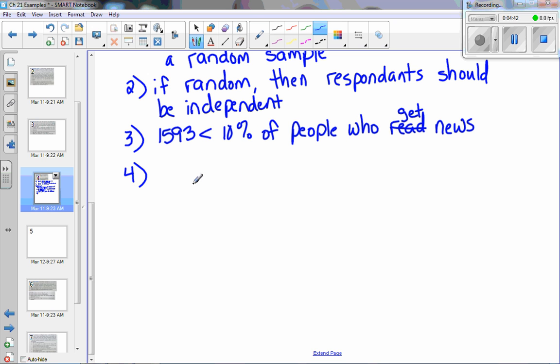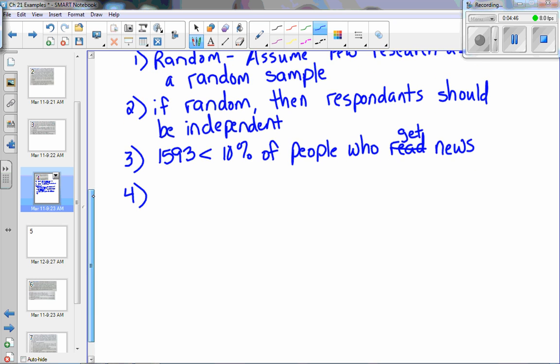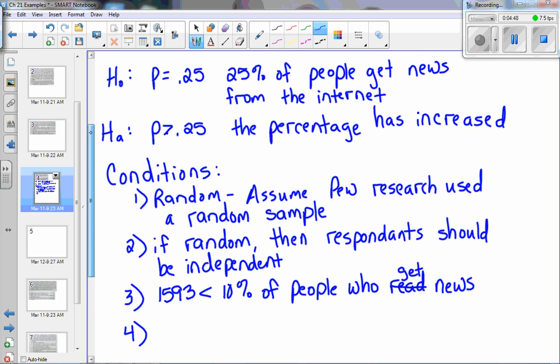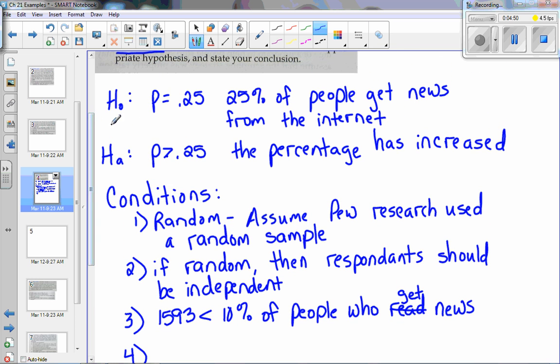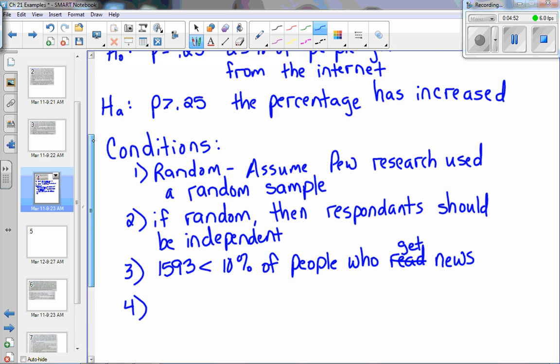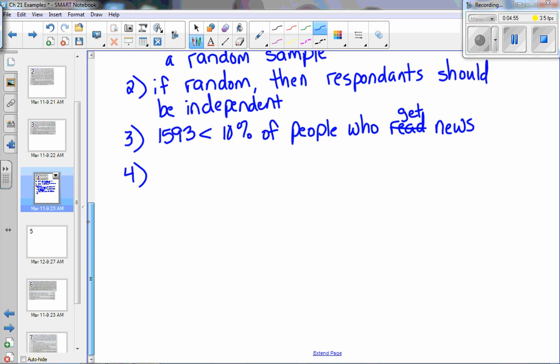So then we also need to check our sufficient size. Now this one would be kind of tricky because we are treating it like a significance test. For a significance test, we would do n times p naught. But we're asked to build an interval.